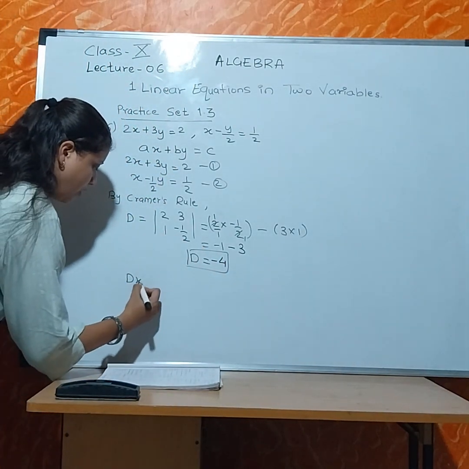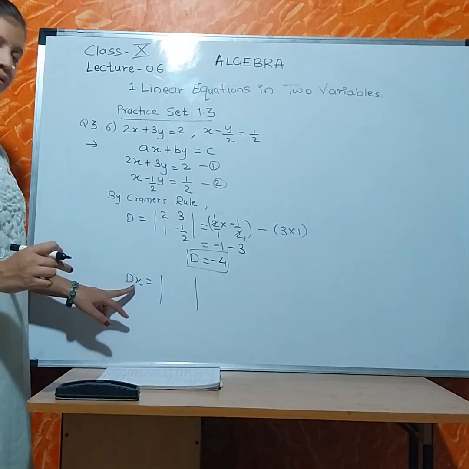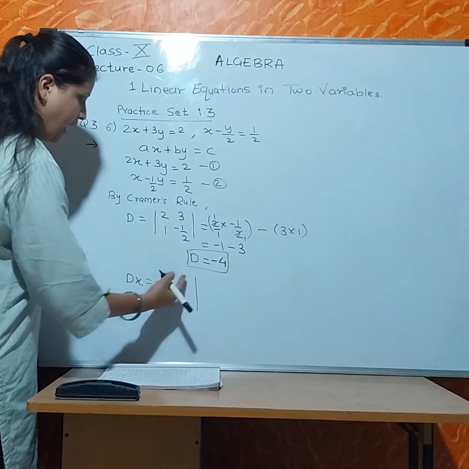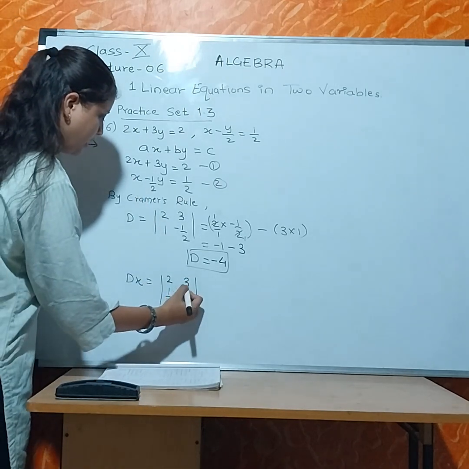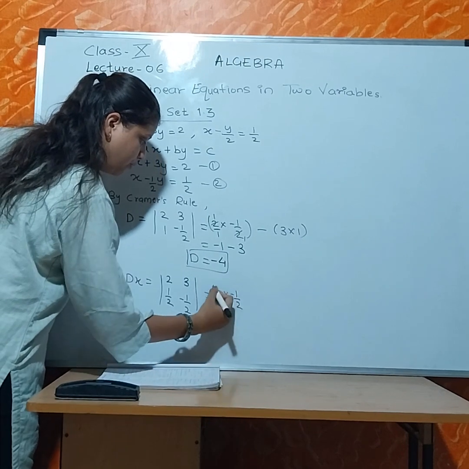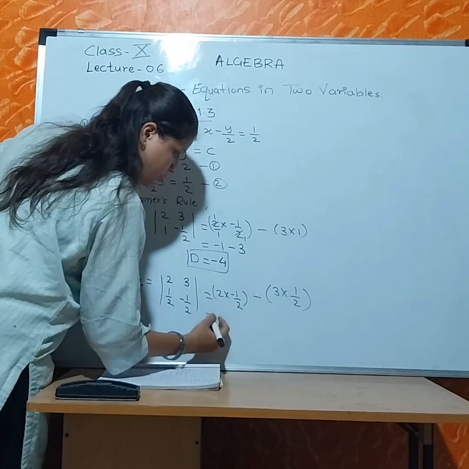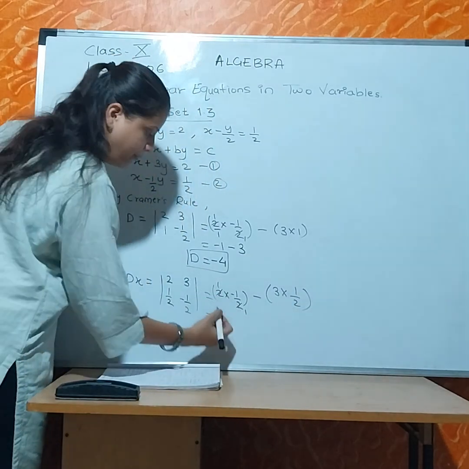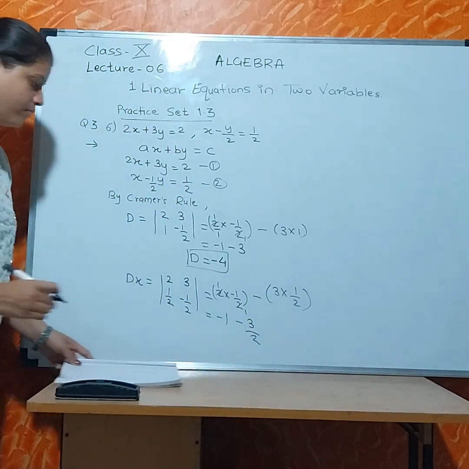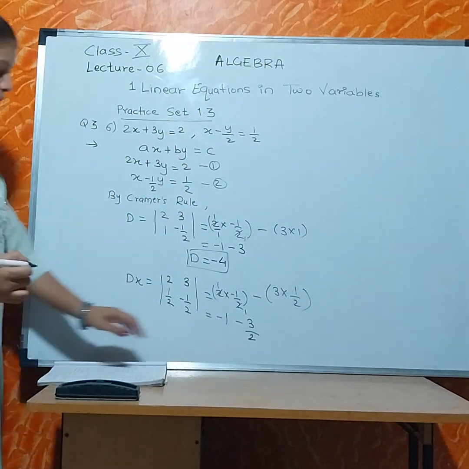Now we will find the value of Dx. To find the value of Dx, we have to put the values of c instead of the x coefficients. So what are the values of c here? 2 and 1 upon 2. And what are the coefficients of y? 3 and minus 1 upon 2. So 2 into minus 1 upon 2 minus 3 into 1 upon 2. So the 2s get cancelled, minus 1 minus 3 upon 2. Now how to solve this?